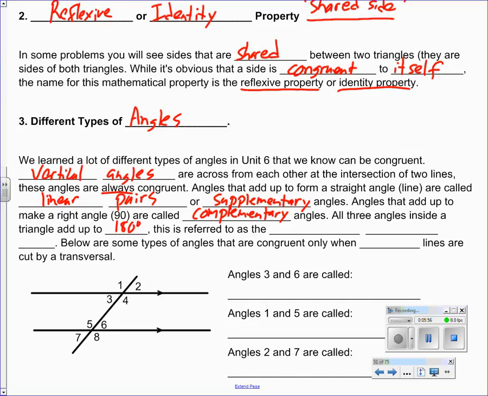So if you find that third missing angle, you would say triangle angle sum. That's the property that all three interior angles of a triangle add up to 180 degrees.